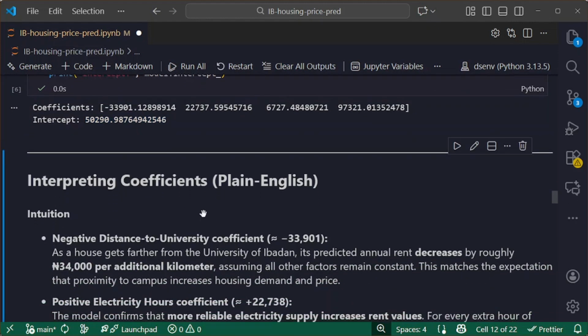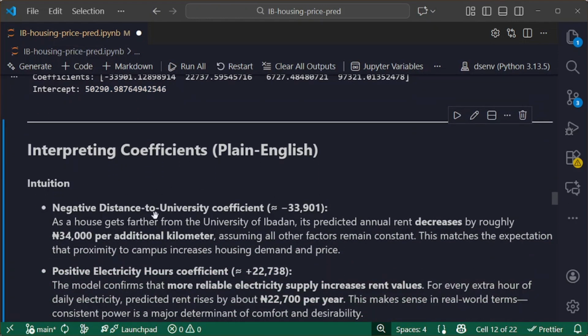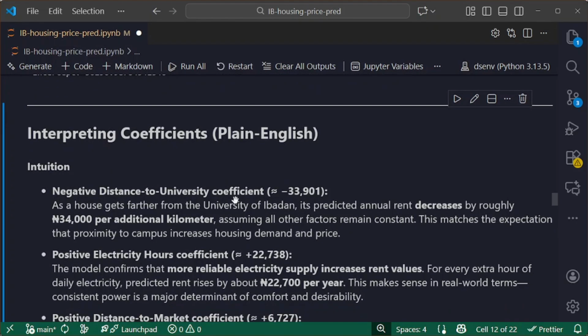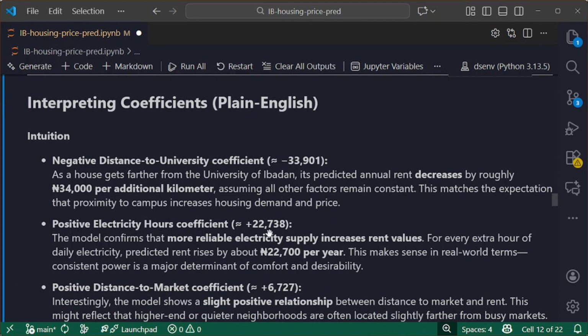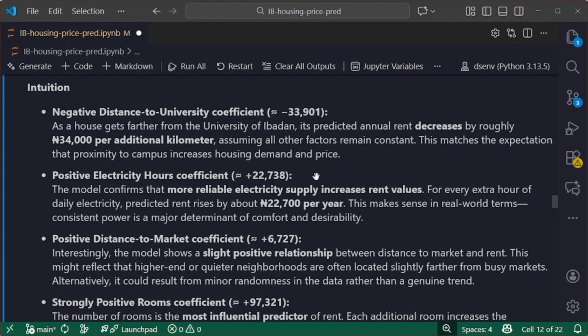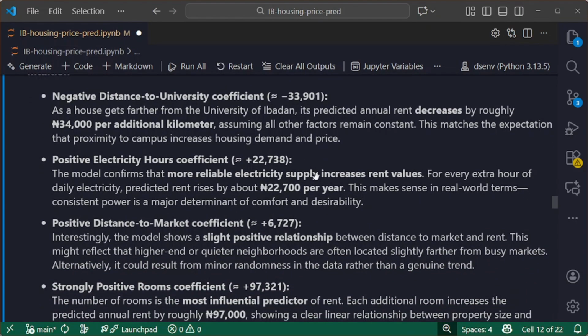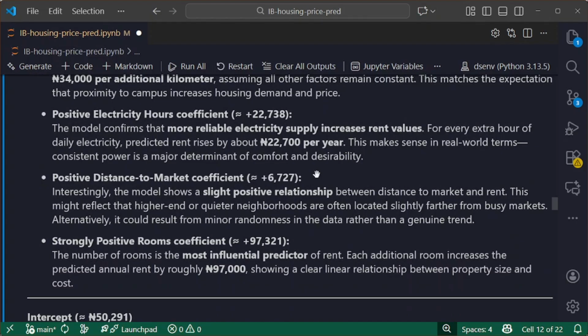So this is just interpreting the coefficients, saying that there's a negative distance to university coefficient. Basically, as the house gets further from the university environs, the price decreases. So increase in distance, reduction in price, so that's negative. Positive electricity hours: the more the lights, the more the price.